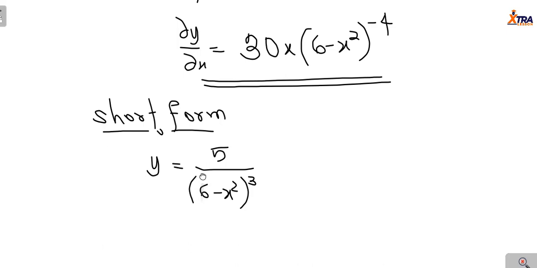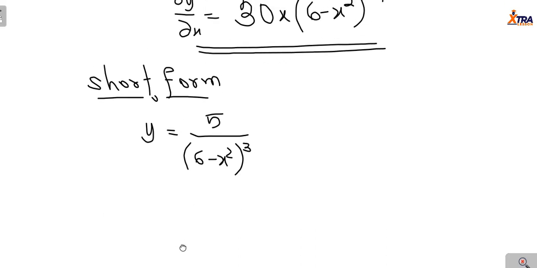Now let's look at the short form. I have to express this in index form as well. So this means 5 times (6 minus x squared) raised to power minus 3.